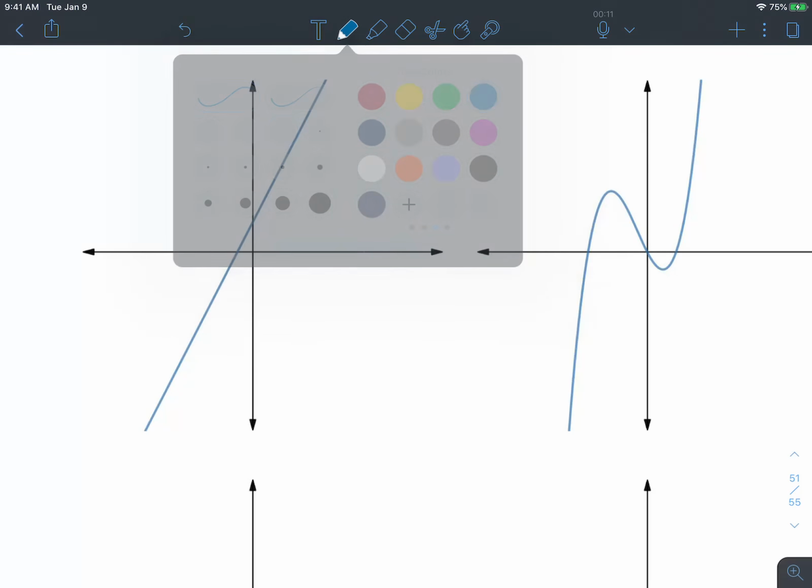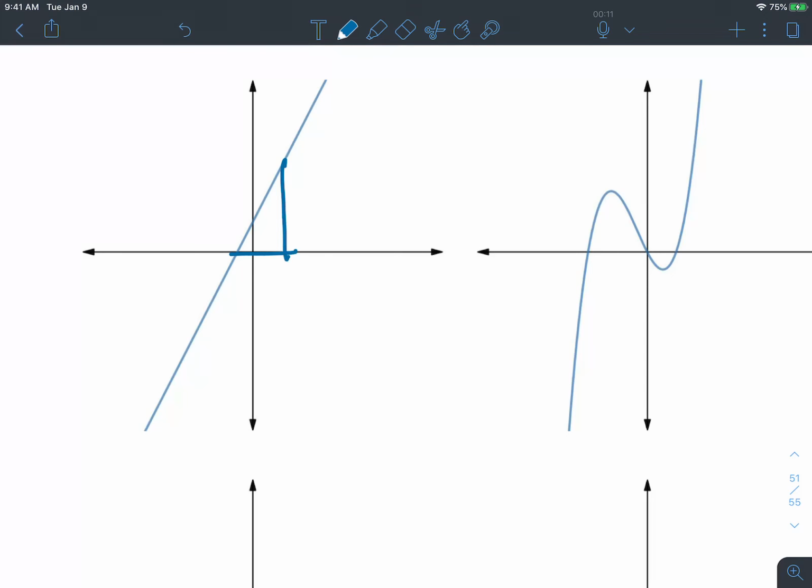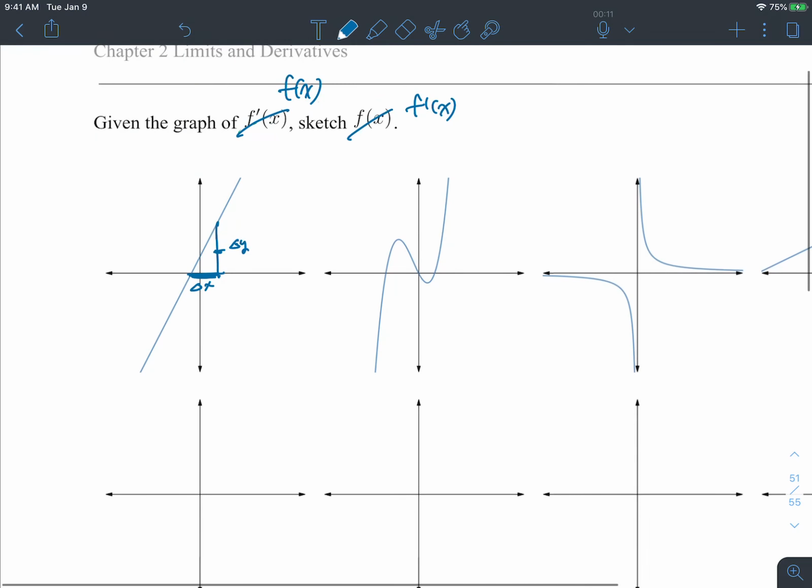If you just draw something like this, you can sort of estimate it. That's the length, and it looks like the height is twice that. Change in x, change in y. If that's 1, that looks like a 2. Because it's a linear equation, the slope is 2 over 1, which is 2.